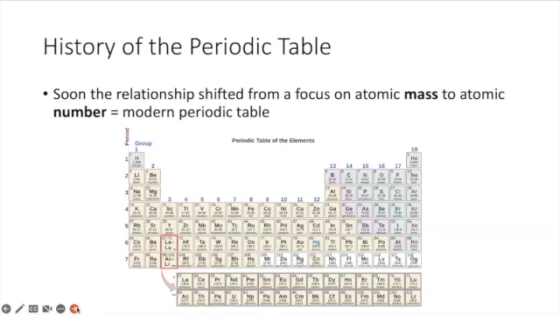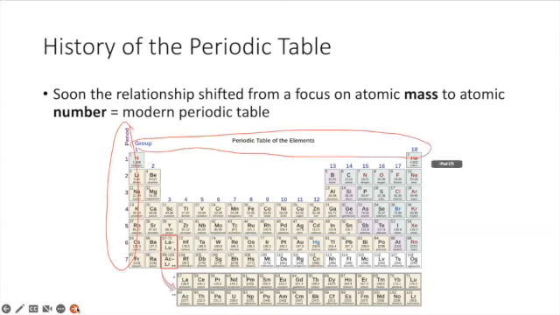But you don't study the periodic table. So the modern periodic table looks like this, where we have periods, which are the horizontal rows, and groups, which are the vertical columns. So this is a group, this is a period.